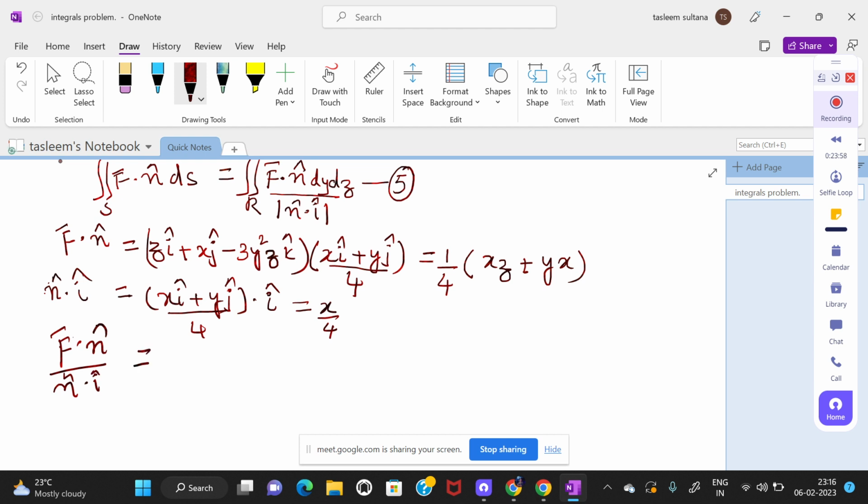If we substitute directly, let's see what we get. 1 by 4, x will take common, that is equal to z plus y, then into n vector, that is 4 by x. x will get cancelled, 4 and 4 will get cancelled. Final will be z plus y.